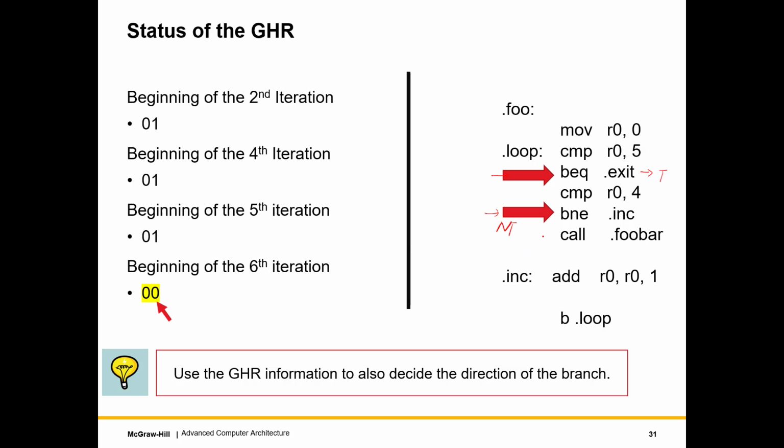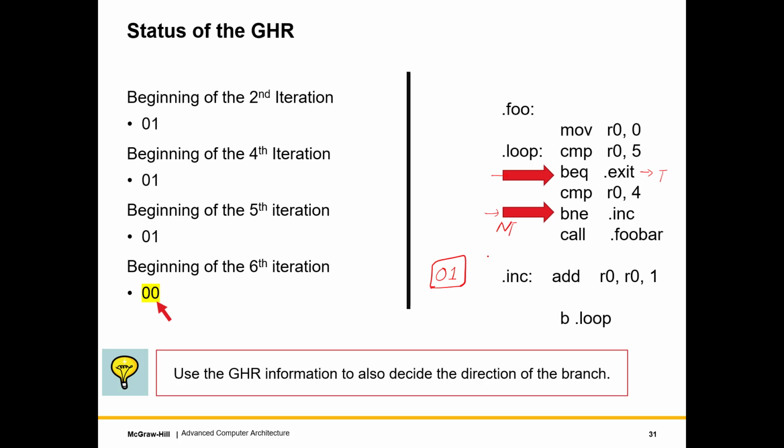So basically, given the specific convention that we are following, what the GHR would contain in this case would be the contents of this one first, which is 0, and the contents of this one, which is 1, so 0, 1.